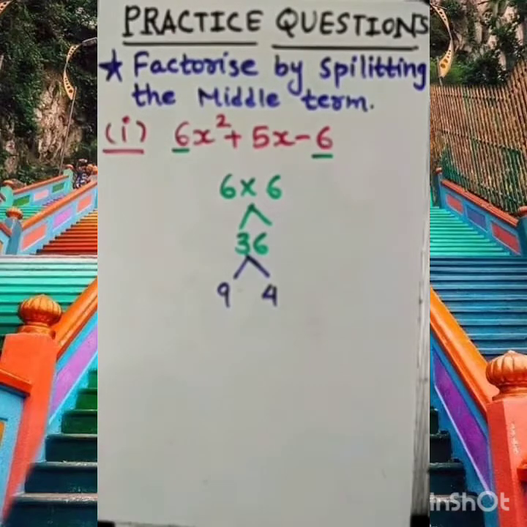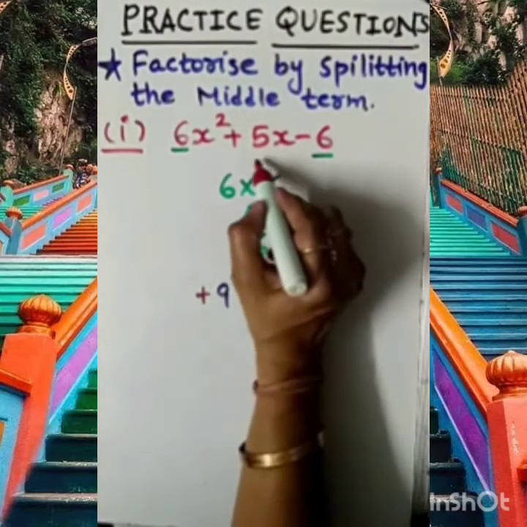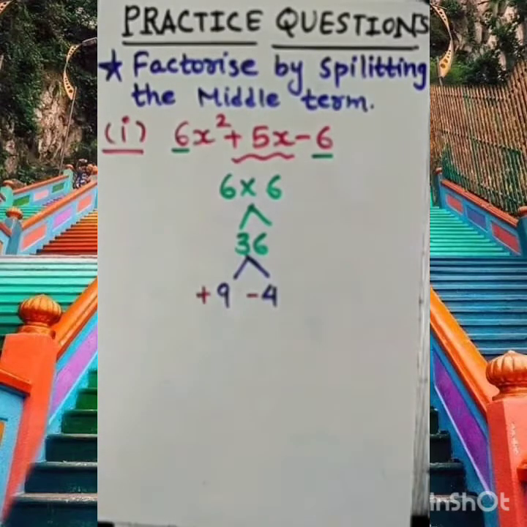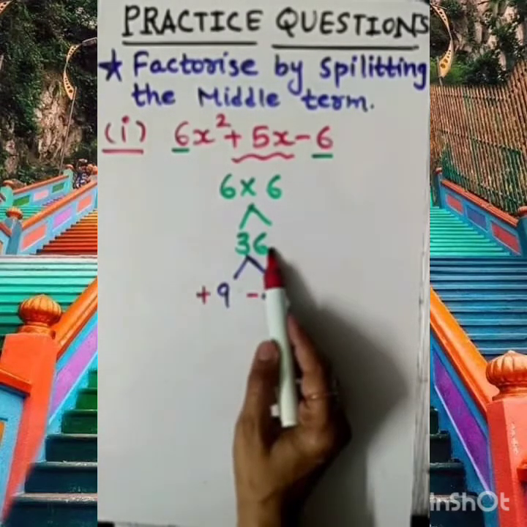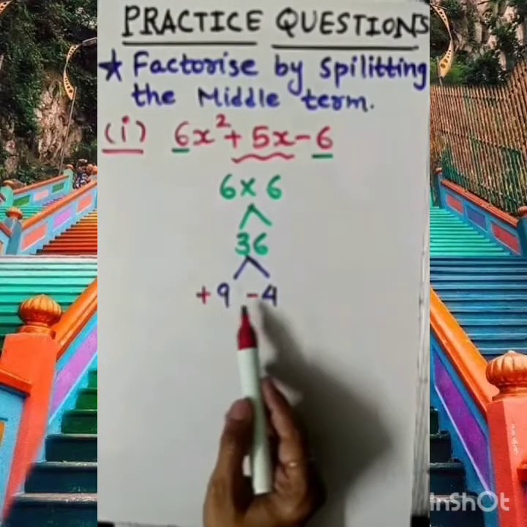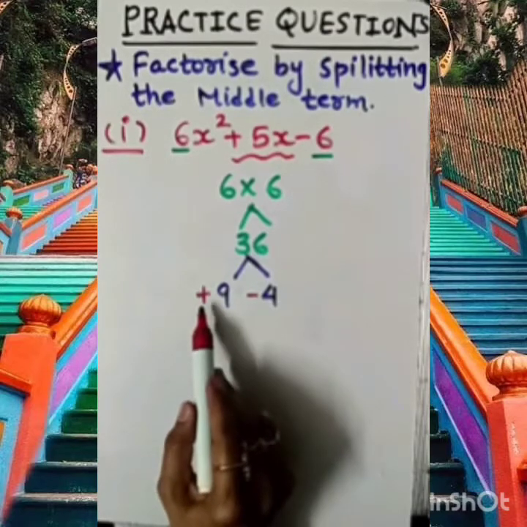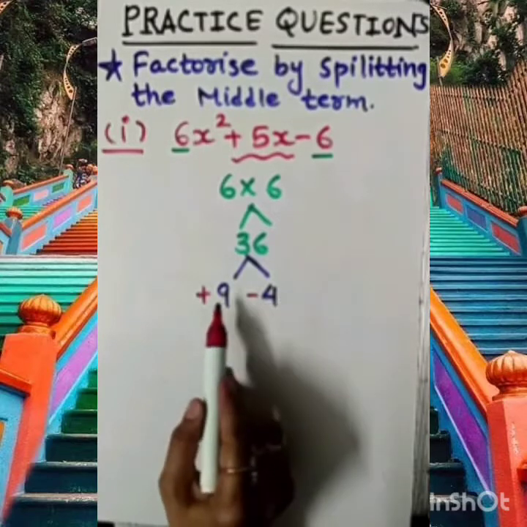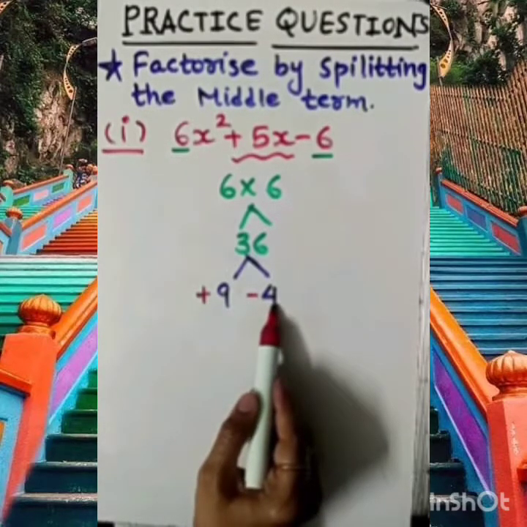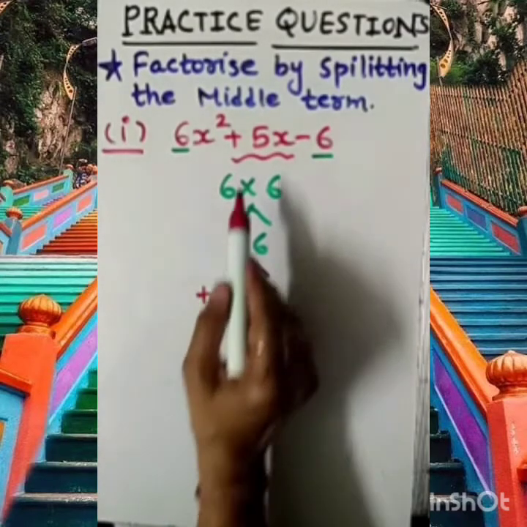If I take plus 9 minus 4, then I will have the middle term plus 5. Once again, 9 times 4 is 36. I am choosing such factors so that when we subtract the small number from the big number, the sign remains positive for the bigger number.